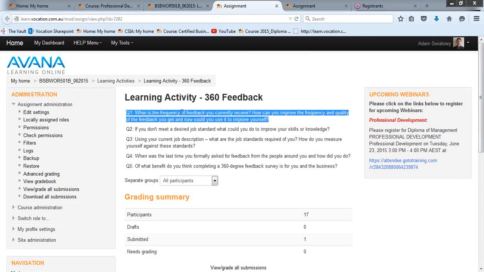The first question that you see there in this activity is, what is the frequency of the feedback that you currently receive, and how can you improve the frequency and quality of the feedback? What we're asking you there is just to tell us how often you receive feedback, and essentially what you can do to improve the frequency, so how often, and the quality of the feedback that you get.